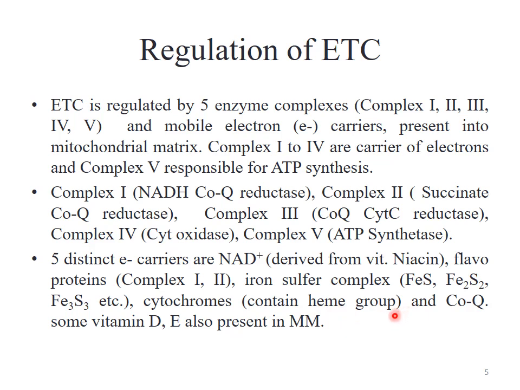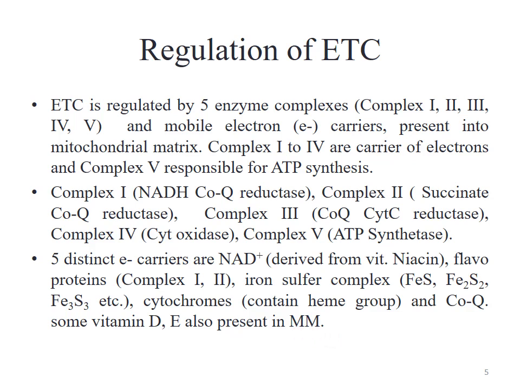And CoQ, which is the main regulator for the cycle of the electron transfer from donor to recipient molecule. And some vitamins, for example vitamin D and vitamin E, are also involved, which are present in the mitochondrial matrix.